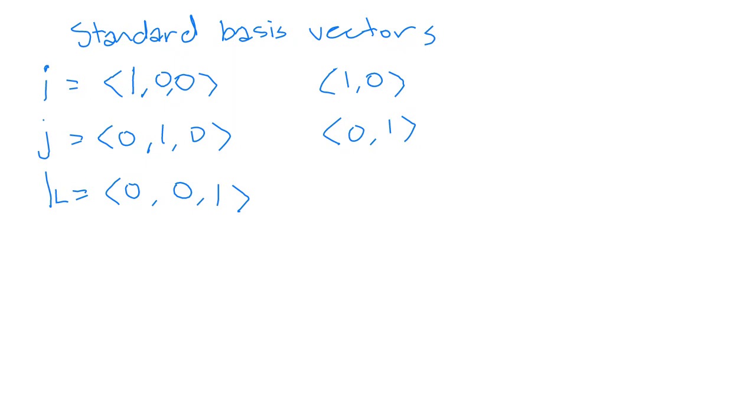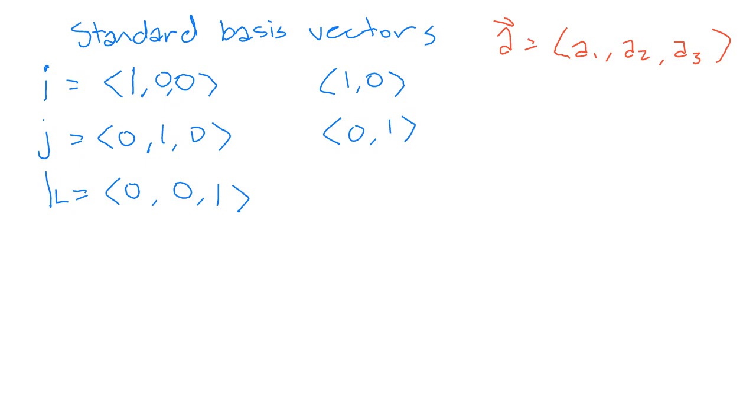So if we think back to our properties of scalar multiplication, let's say we have a vector A, which is A1, A2, and A3. This is based on the properties of addition and scalar multiplication.